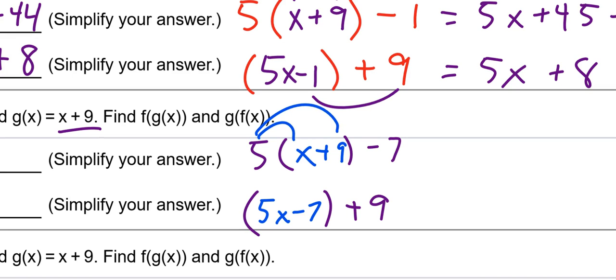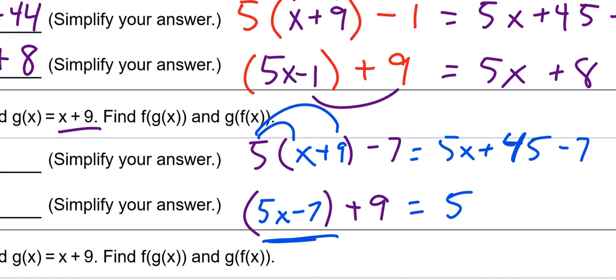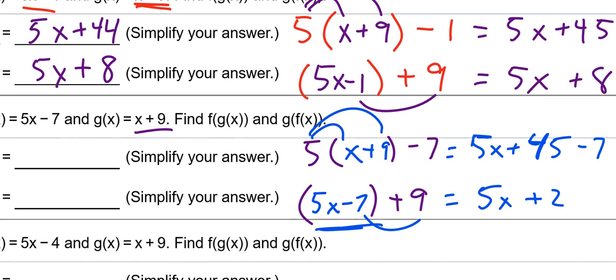Useful parentheses. Useless parentheses. Minus 7 plus 9 is plus 2. So we've got 5x plus 2 for that one. And 5x, 45 take away 7 is 38.